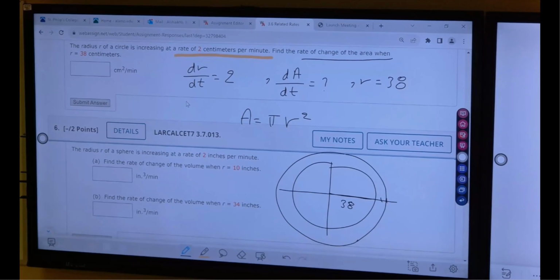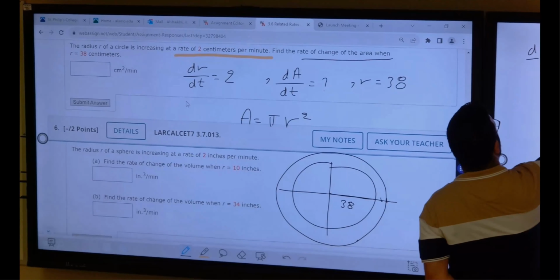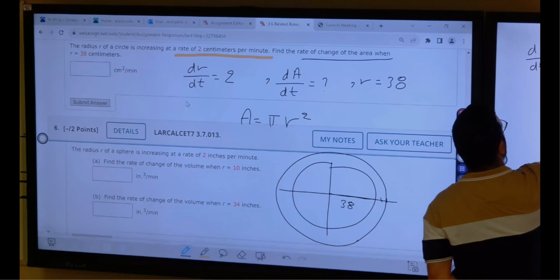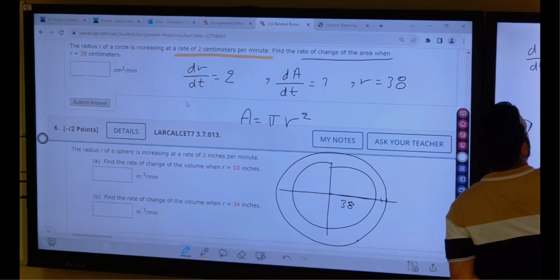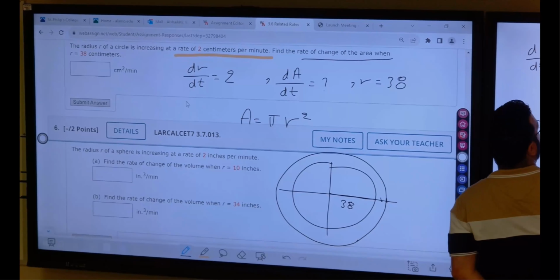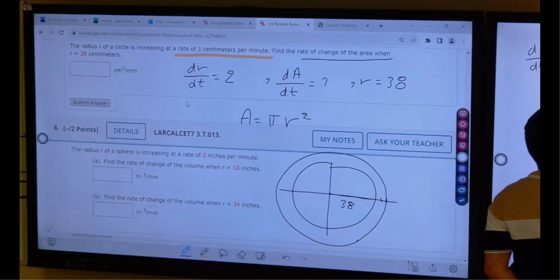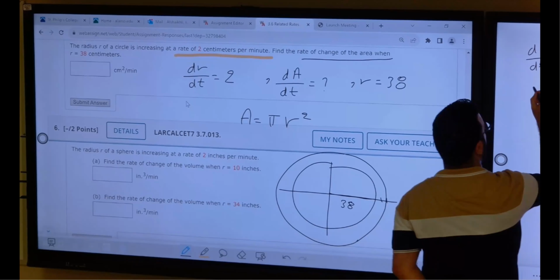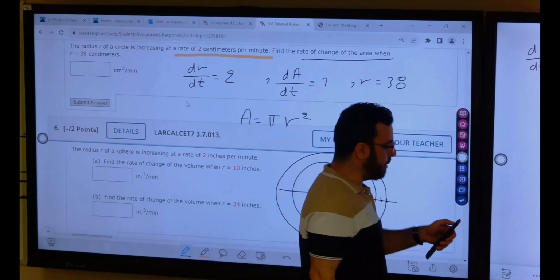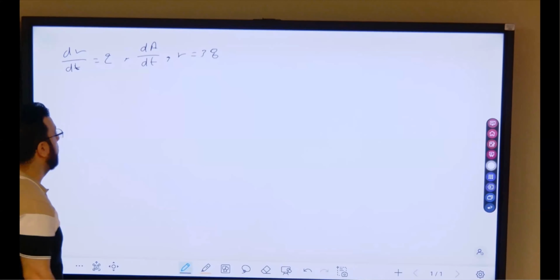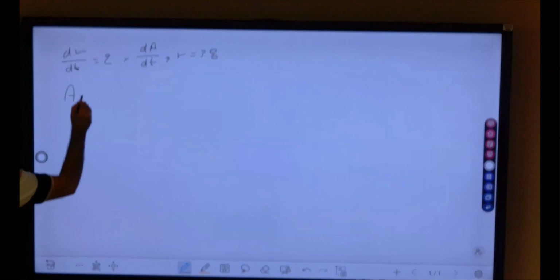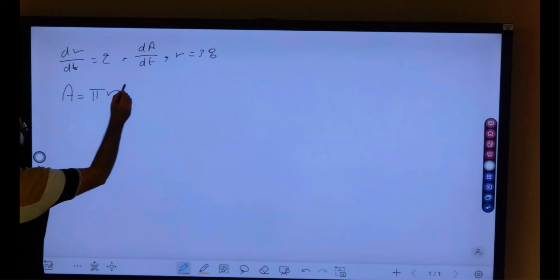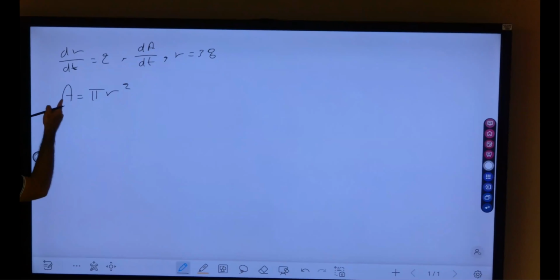So let's write down this information here. We have dr over dt equals 2, and we need to find dA over dt, and we have the radius equal to 38. So the formula is A equals pi r squared. Now I'm going to find the change of area.